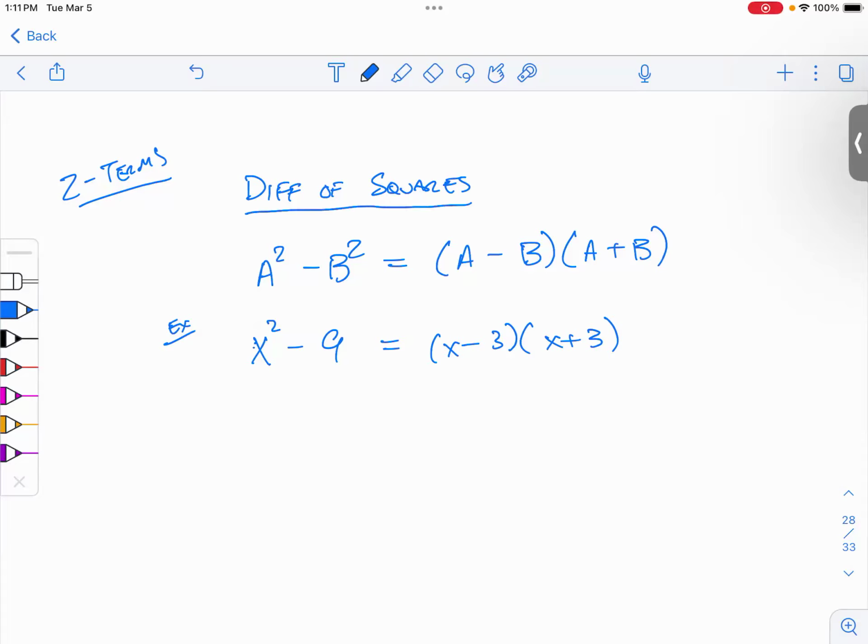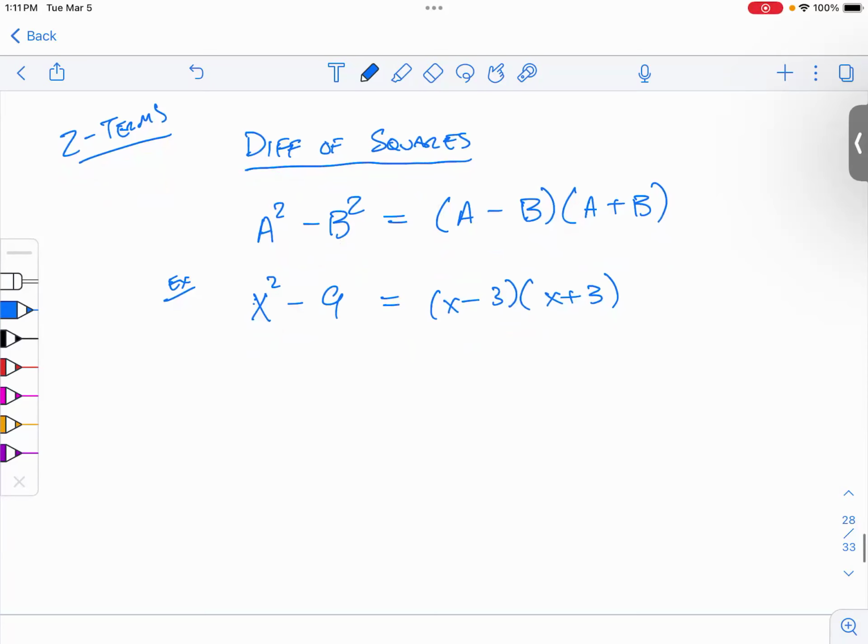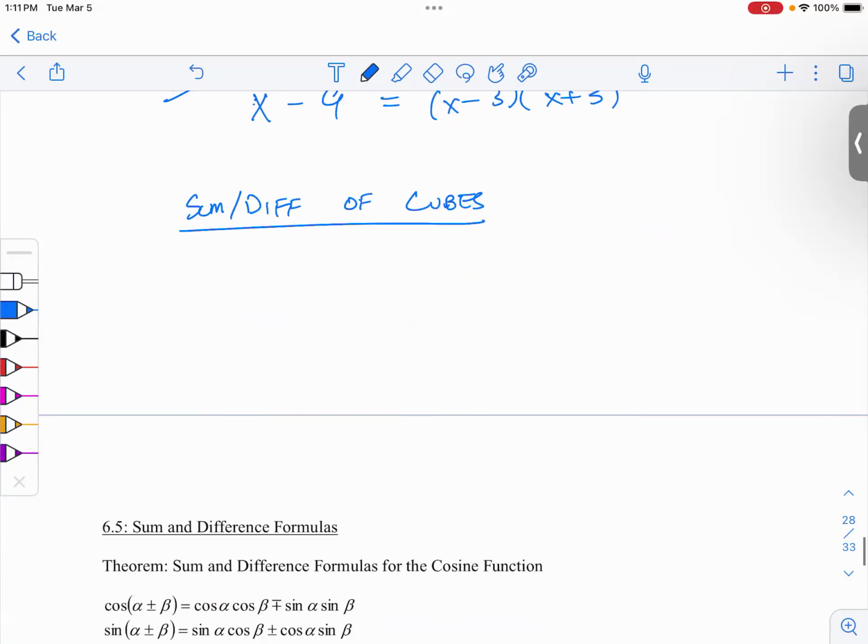So difference of squares is one variation, and the other that you're probably less familiar with is sum or difference of cubes.